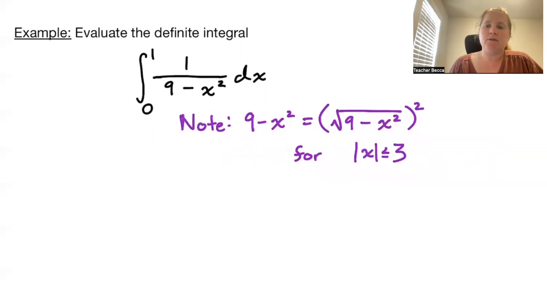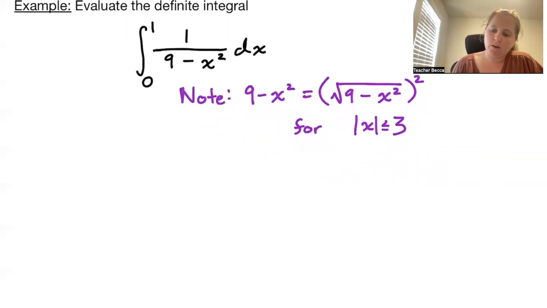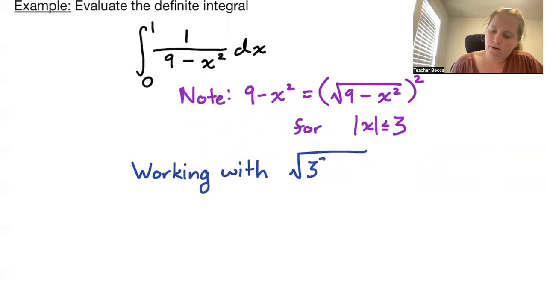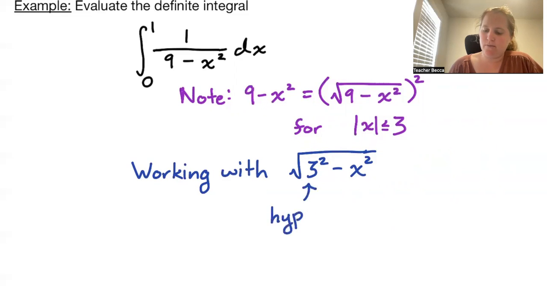So what we are going to do is act like we are working with that square root of 9 minus x squared. So in this case, if we're working with the square root of 3 squared minus x squared, that means this is the case where our hypotenuse is that 3.